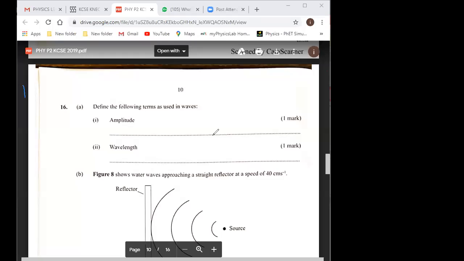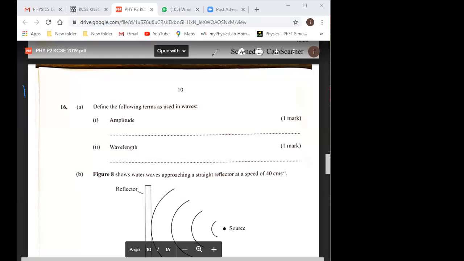Between the crest and what? The distance between two crests. The distance between two successive crests, or two successive troughs, or between two particles which are in phase.